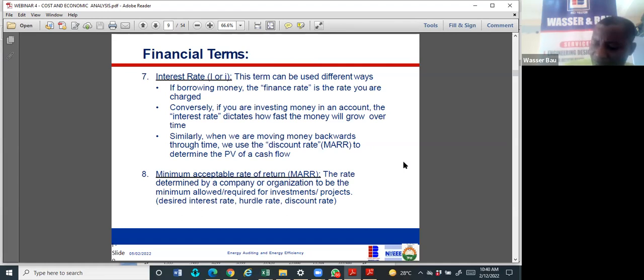So I see the minimum acceptable rate of return as that rate where you as a person say, anything below this, I'm not doing. As I said, with the banks, when CBN gives them money at 11%, they can't give you money below 11%. They can give you at 14%, they can give you at 15%. Well, depending on who you know, by the way. But in that extra thing they've added, they have captured their overhead.